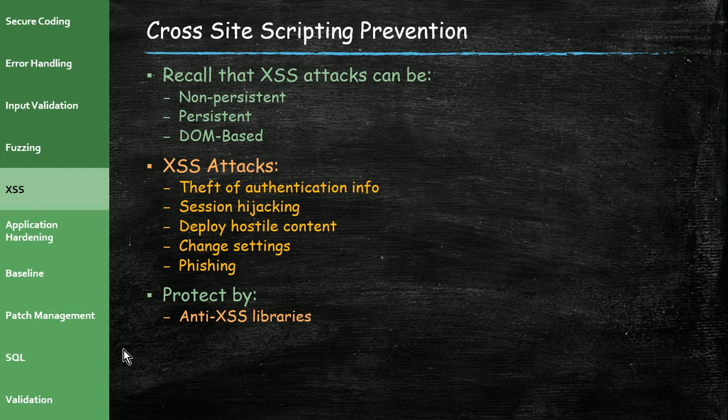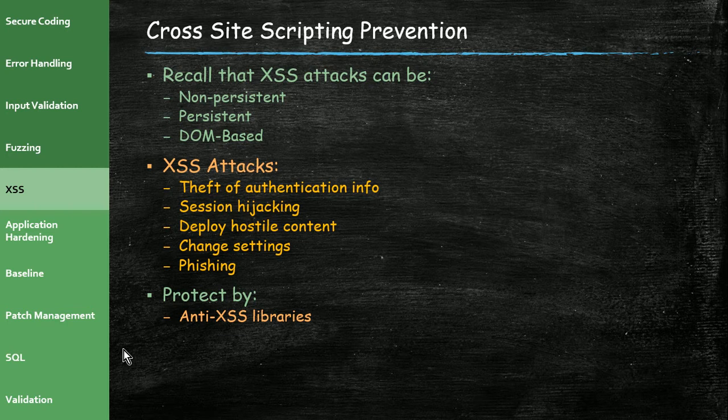So we can protect against it, and probably the most effective way to protect against cross-site scripting is to implement libraries that protect against cross-site scripting. Just about every programming language for the web has libraries. So if you're using PHP or Python, or even the more obscure ones like Perl or Ruby, or ASP.NET, which is obviously a very popular language, and certainly for PHP and ASP.NET there's no shortage of libraries that can help you protect against cross-site scripting. So that's certainly one great way.